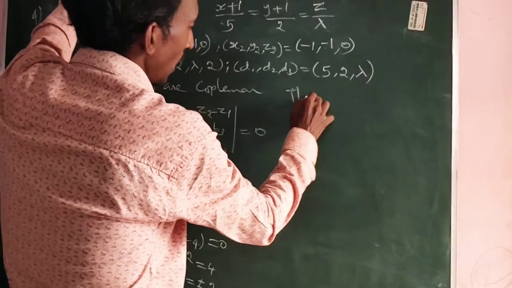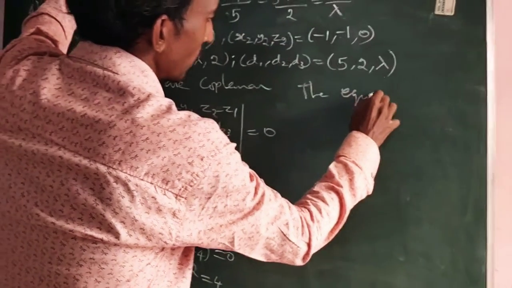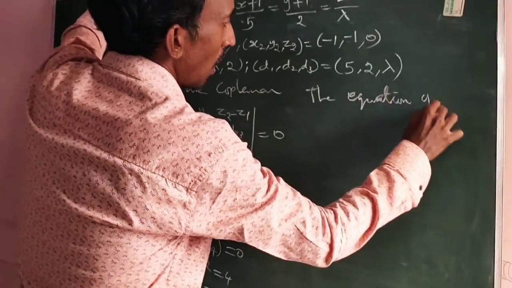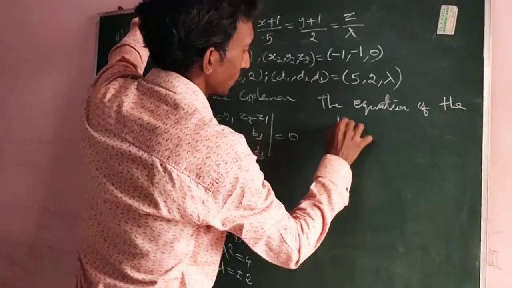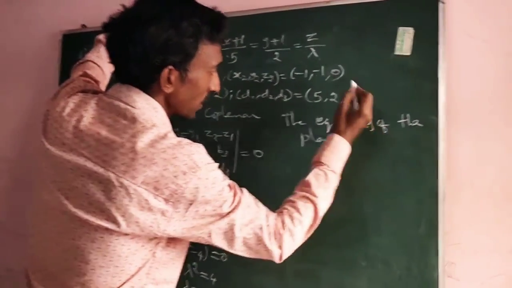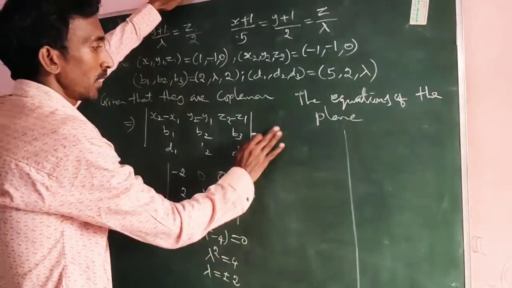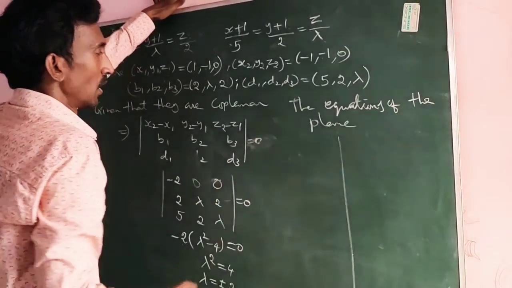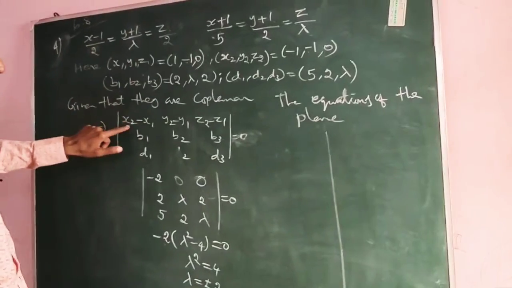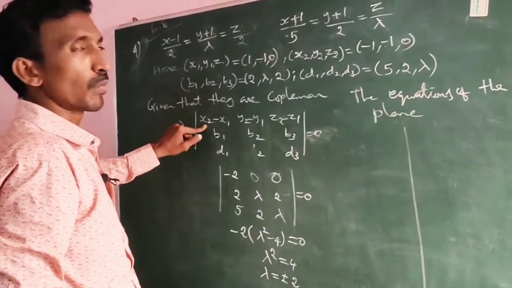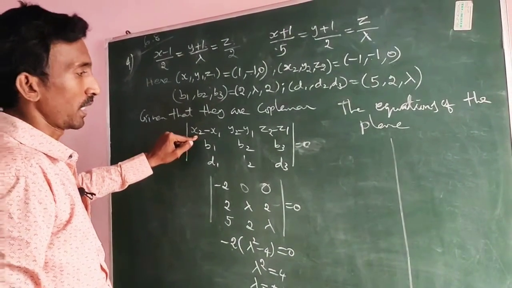Now the equation of the plane, or equations, plural. If you want, you can divide it into 2. So remember that the condition is just replace x2, y2, z2 by x, y, z.